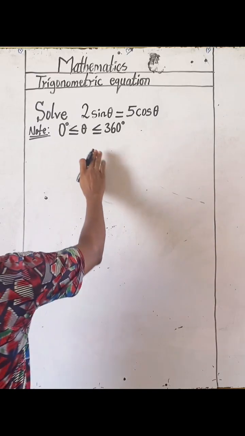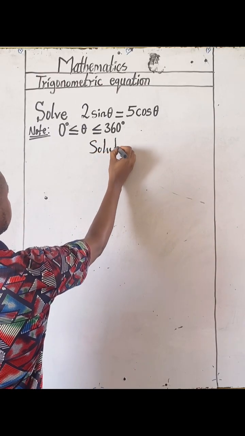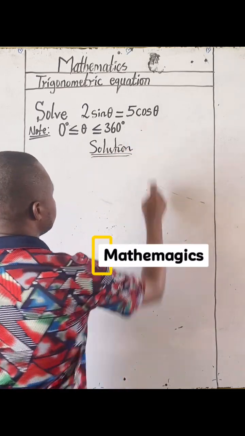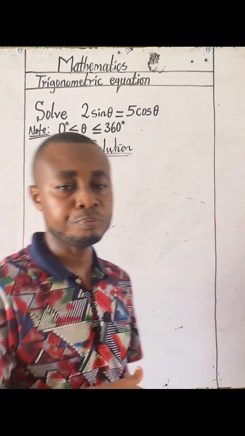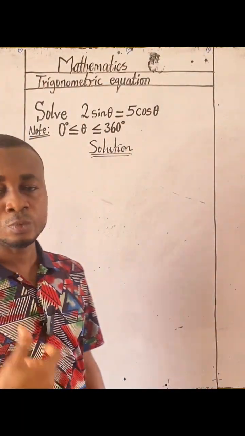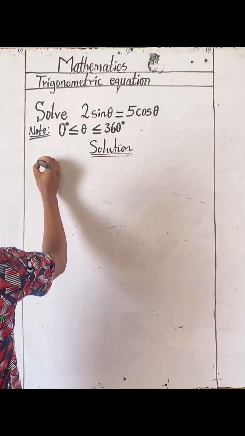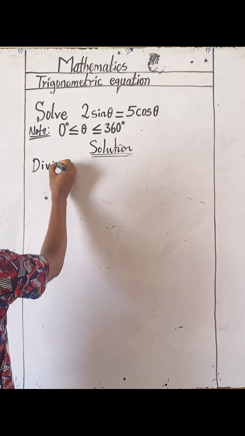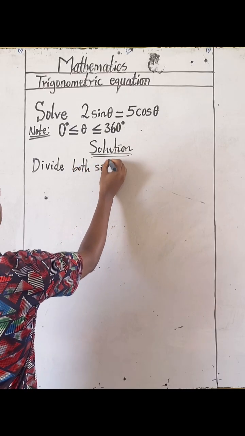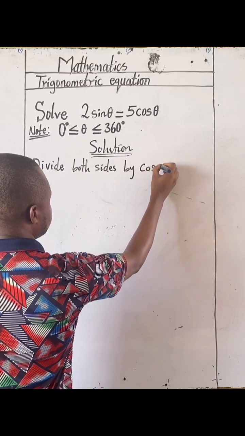Then the first thing I need to do here is indicate my solution. What I will need to do here is to divide both sides by cos theta. By so doing, we'll be able to understand the next approach. So divide both sides by cos theta.